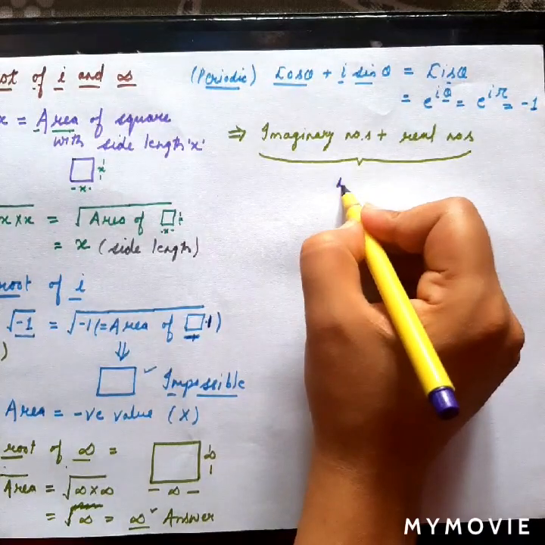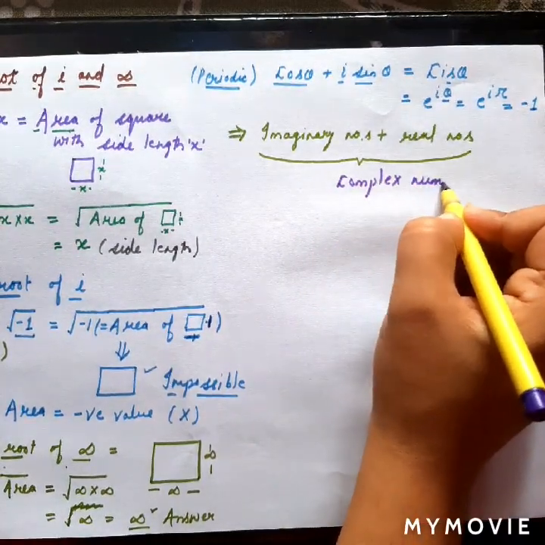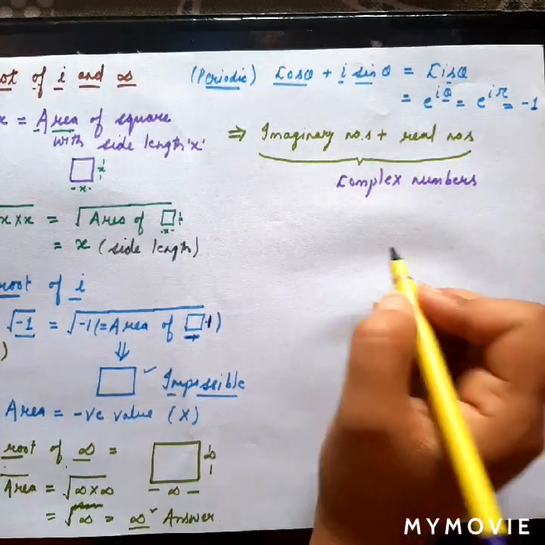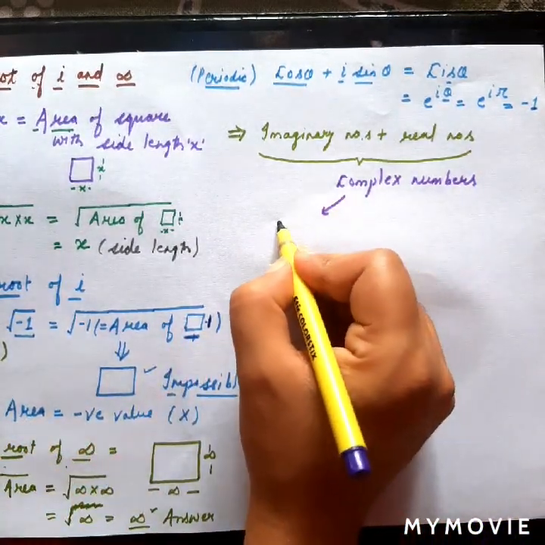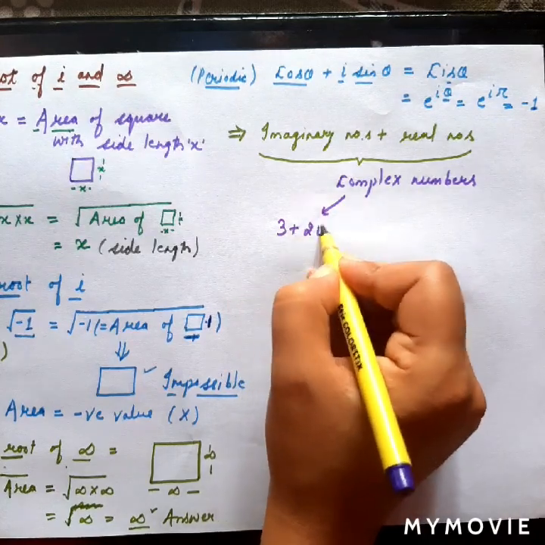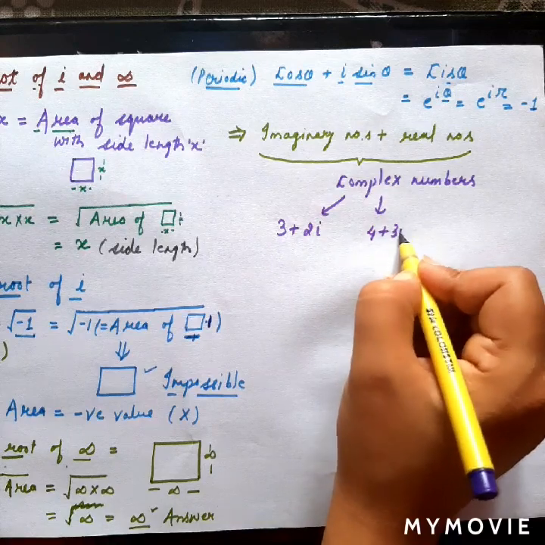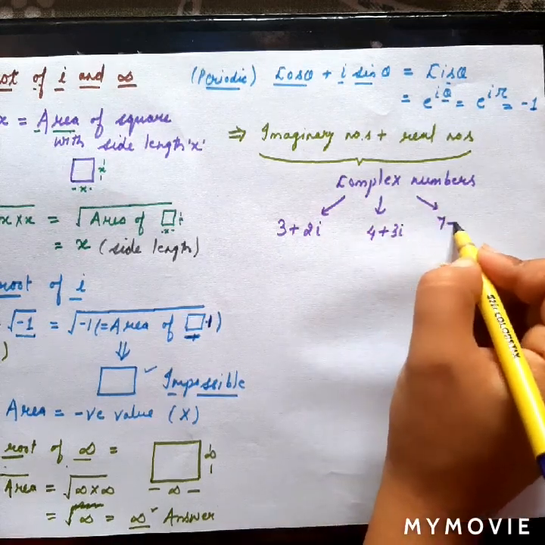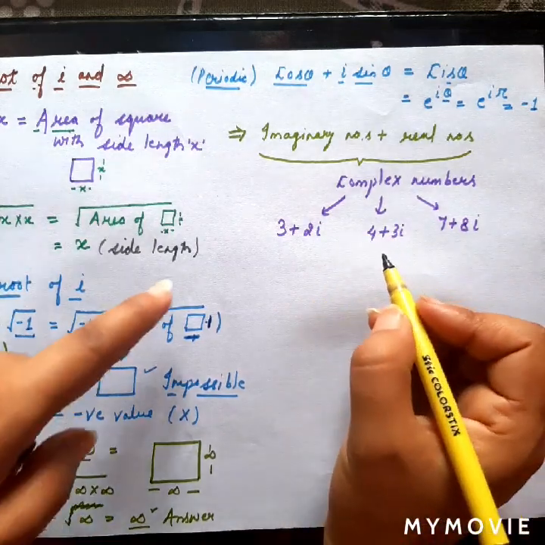Complex numbers. Fine. And what are the examples of complex numbers? I can write this as 3 plus 2 iota, or 4 plus 3 iota, or 7 plus 8 iota. These are the examples of complex numbers.